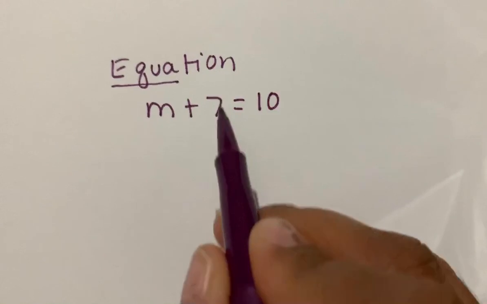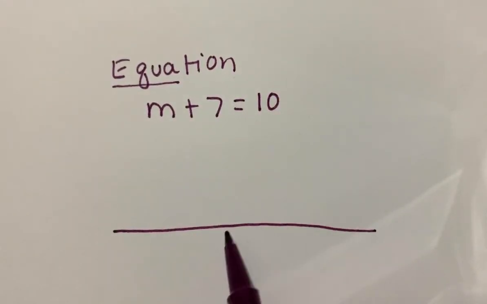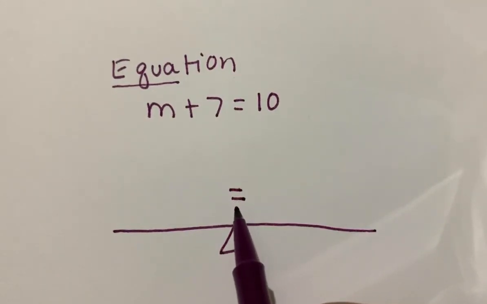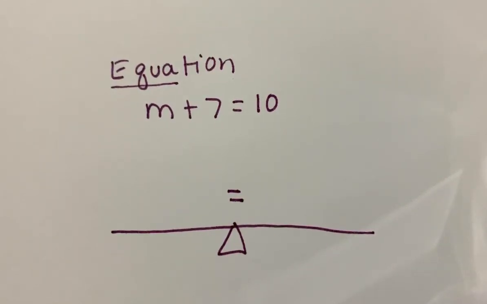So when you're thinking about equality, think about a balance beam, okay? Where your equal sign holds both sides balanced. And so in a balance beam, whatever you do to the left side, you also have to do to the right side. So I'm going to model this with algebra tiles.